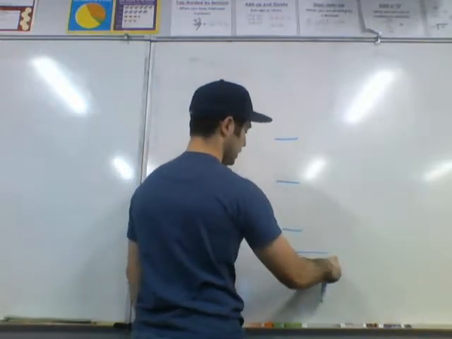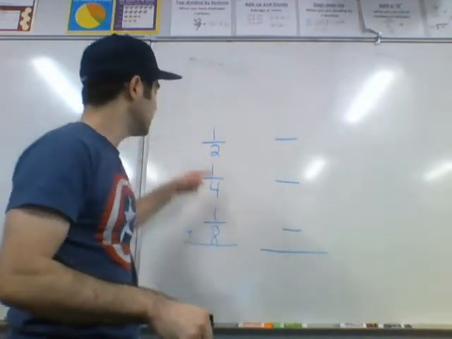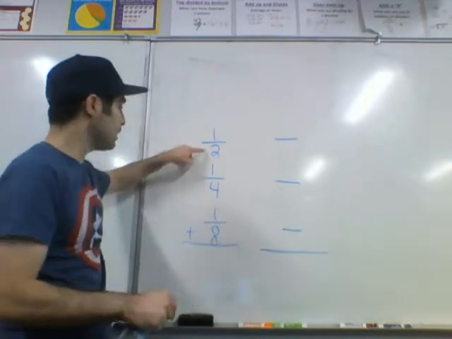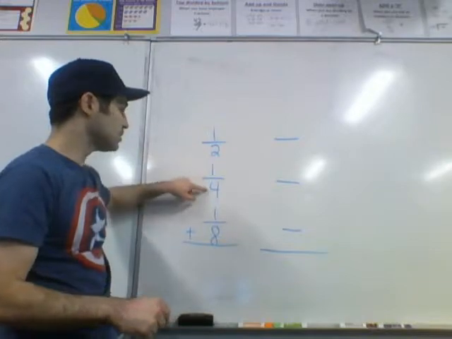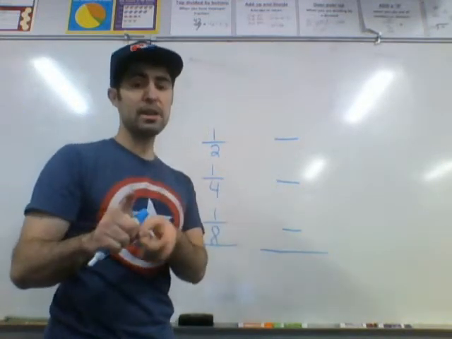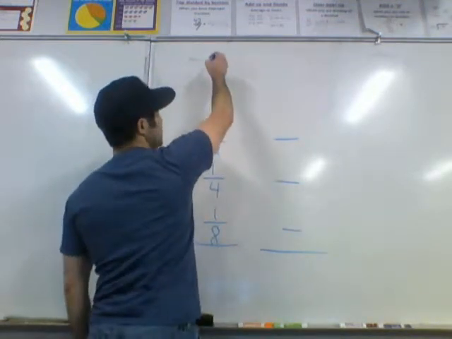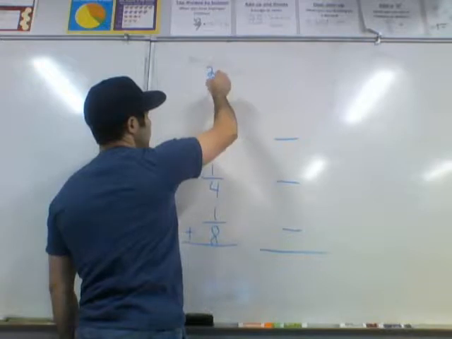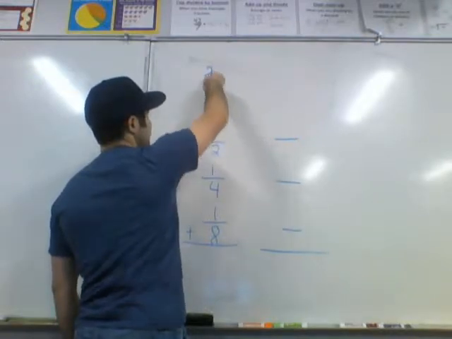You cannot add these fractions until you find a common denominator. 1/2 plus 1/4, you can't add them. In order to find a common denominator, you have to know your multiples, like I just said. So the multiples of 2, the multiples of 4, and the multiples of 8.